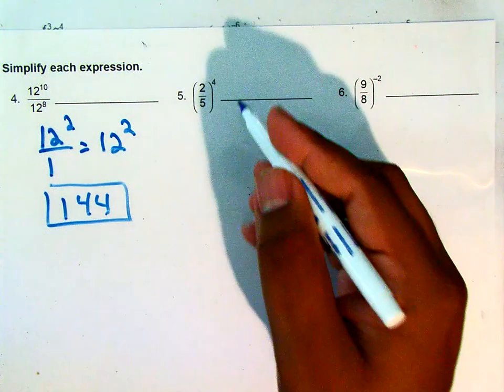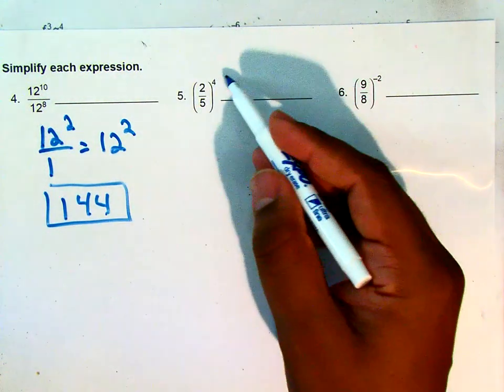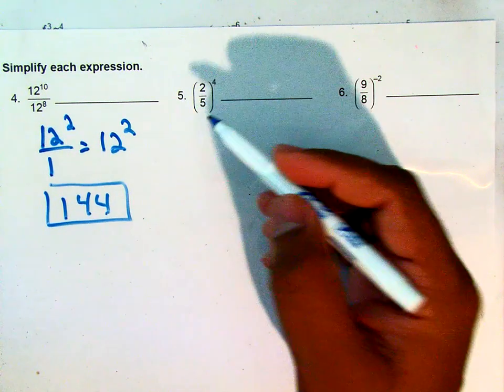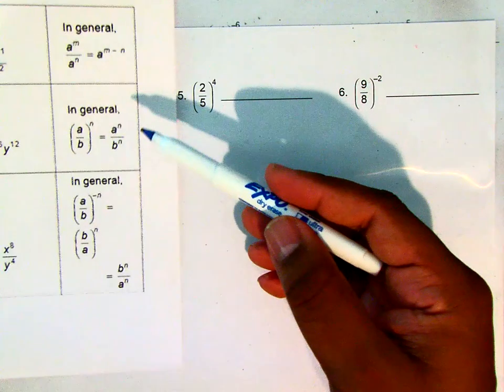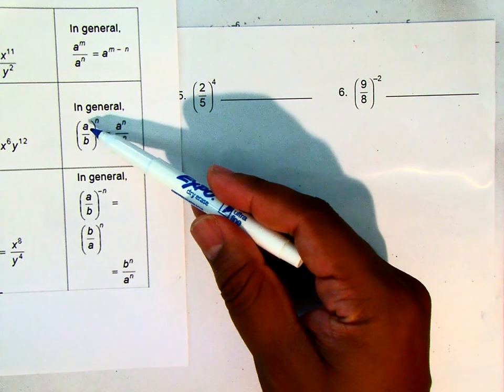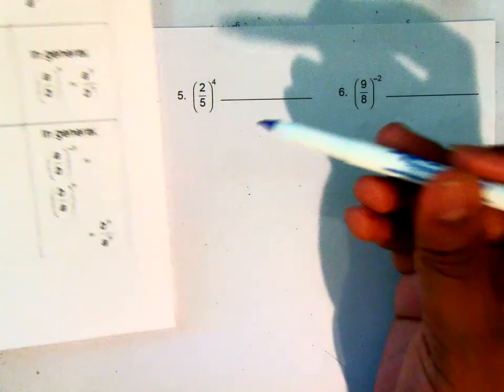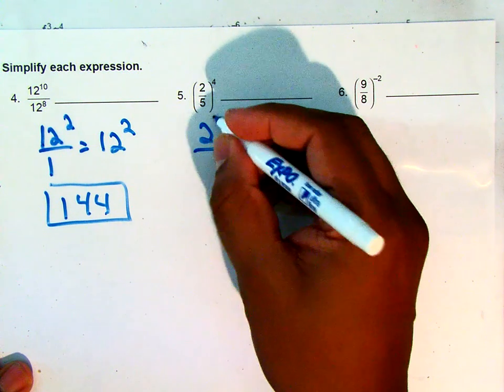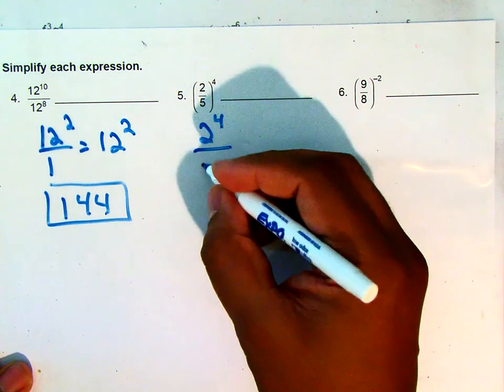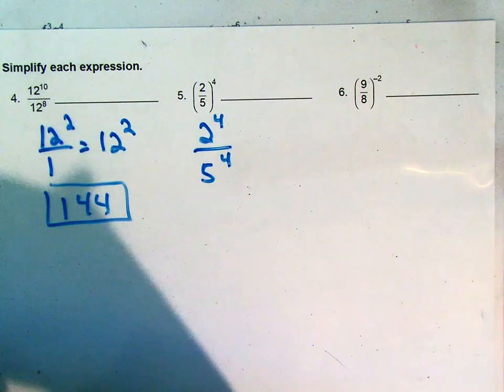All right, in number 5, we have an exponent that goes to the whole quotient. So that's similar to this example here, where the n goes to both the top and the bottom there. So that's exactly what we're going to do. We're going to split this up, and I'm going to have 2 to the 4th and 5 to the 4th.